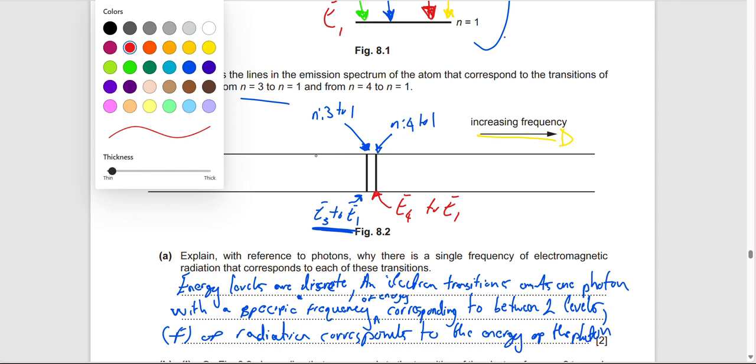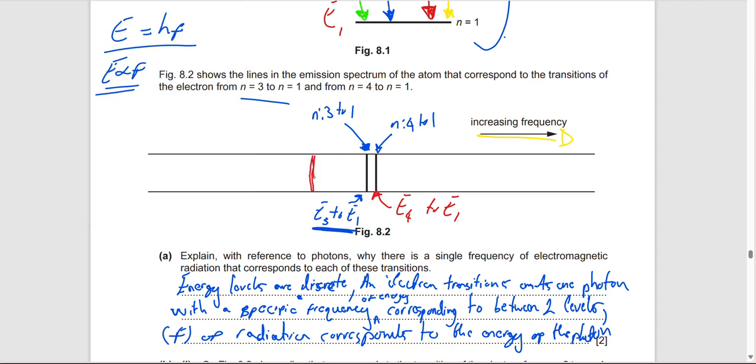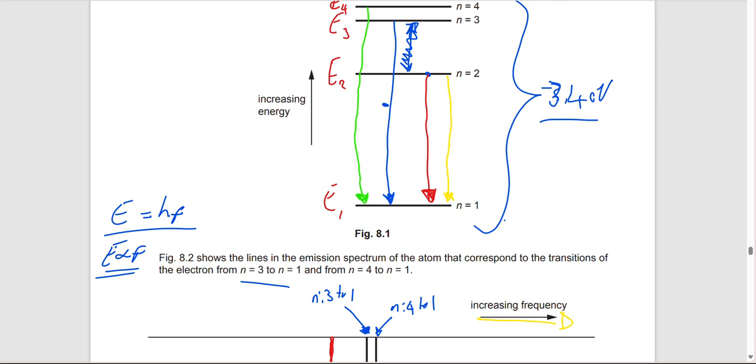There's going to be a greater shift of frequency to the left, because the frequency is lower to this side. It's somewhere here. And then there's even going to be a greater shift in frequency, because remember, E is directly proportional to f. There's going to be a greater frequency between n equal to 2 and n equal to 1.